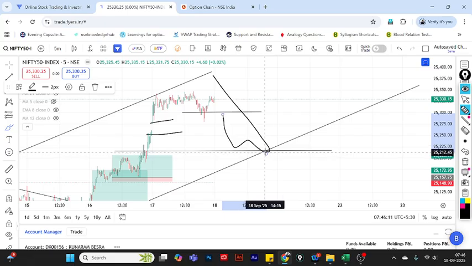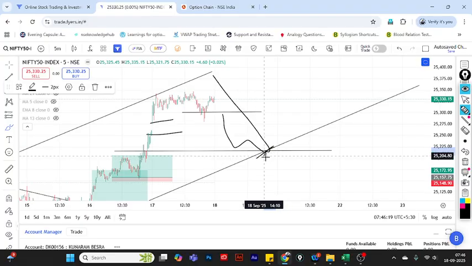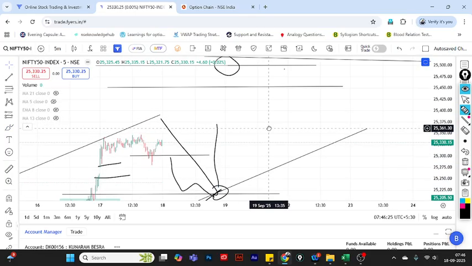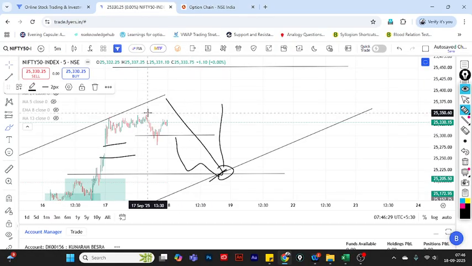This is the support, and as per our option chain and our trend line also this is the support. This will work as a major support, and from here the market will go upside. You can see this is the high, and if this high doesn't break, then definitely the market will come down.